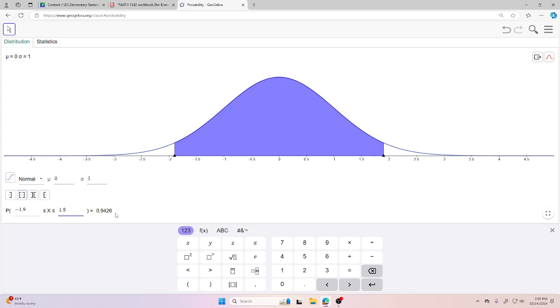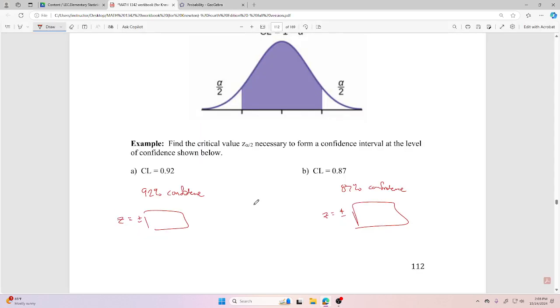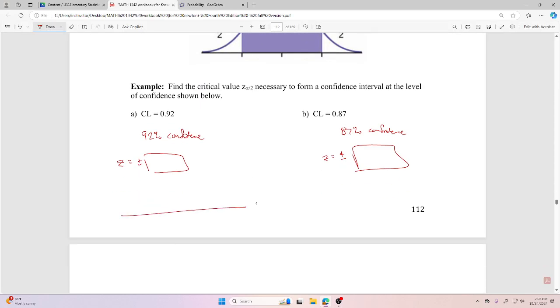How about, instead of trying to hit the middle, what if we hit one of these ends? Think about it like this. It's a small math problem, but it's a fun math problem. Let's say that we have 92 here on the inside. Well, what would we have on each end individually? 4%. That's 4% and 4%, right? That would make 100% total.